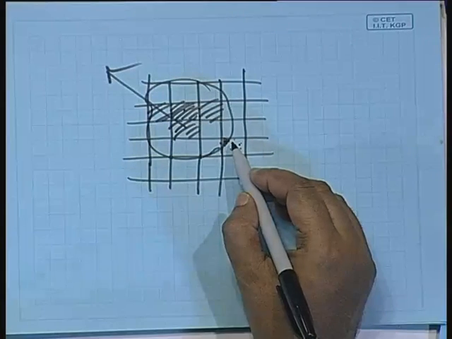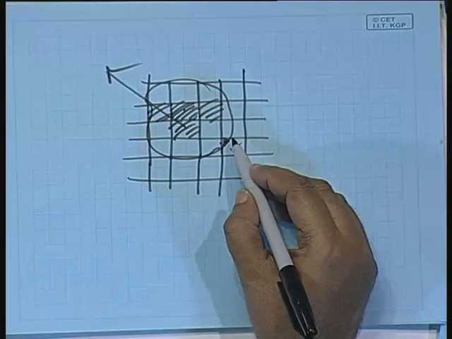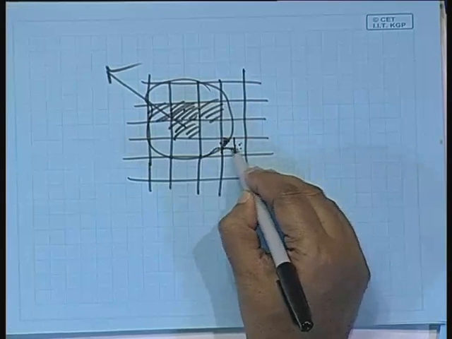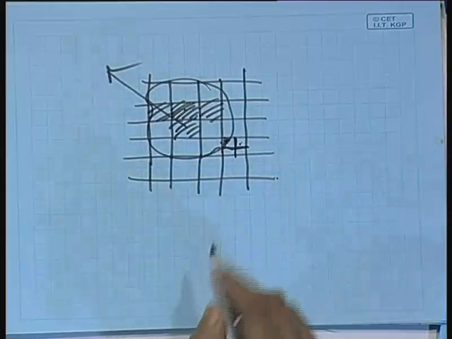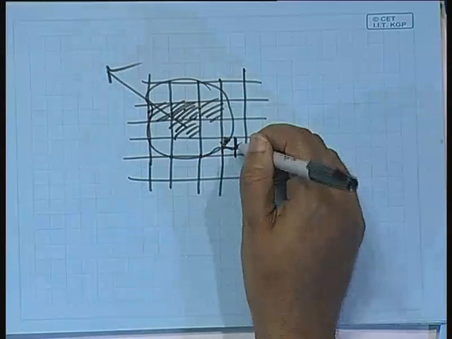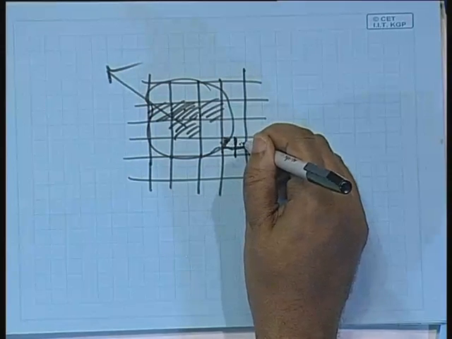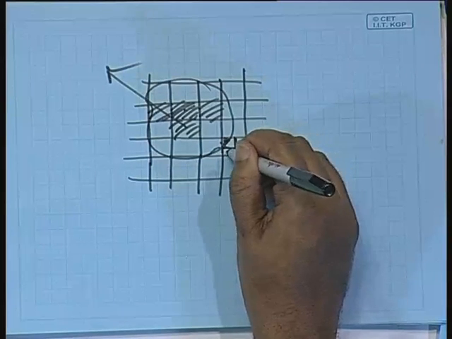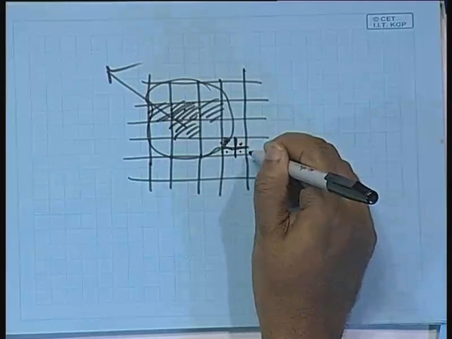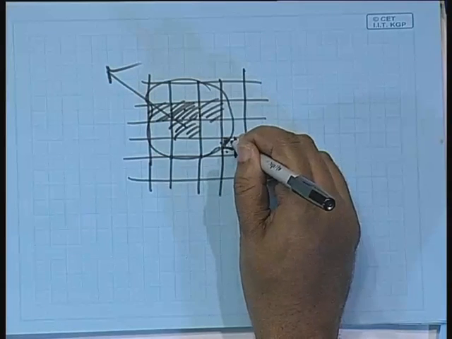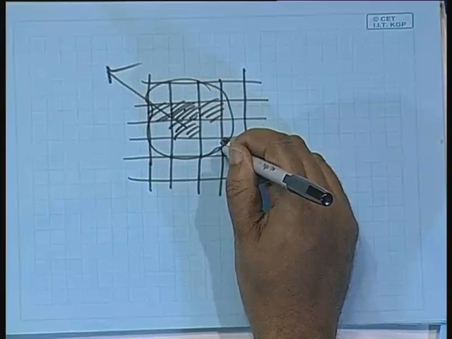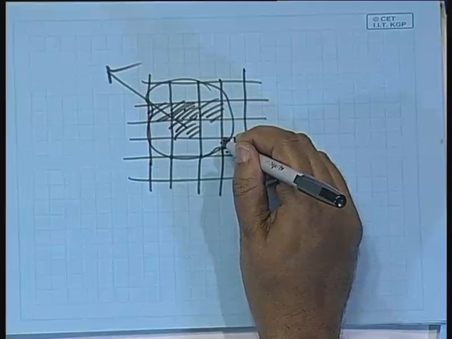Instead of assigning a single motion vector to the entire 16 by 16 block, if I subdivide the block into 4 8 by 8 blocks, then I can assign motion vectors individually to these 4. Even here you find 0 displacement, 0 displacement, 0 displacement, but this entire 8 by 8 is going to have the motion vector corresponding to this part, which is not even engulfing the 8 by 8 area.